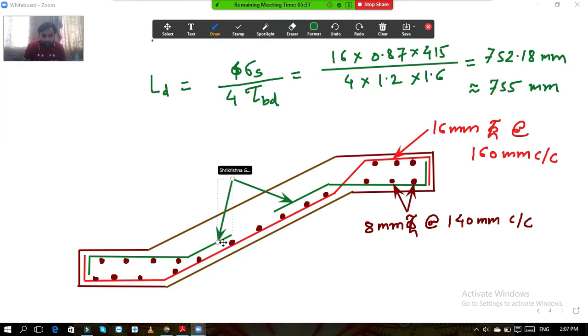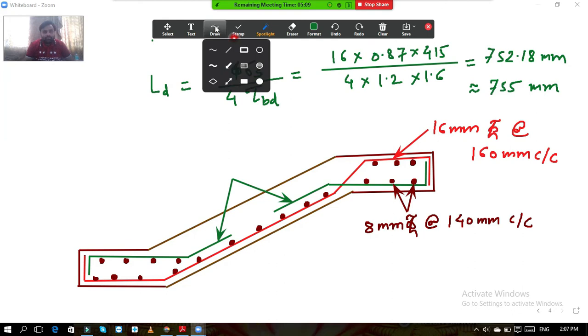These bars are the alternate bars which we have provided to resist the excessive bending moment, and these bars are having half of the area of the main reinforcement. So these bars which we have provided over here in green have half the area of the main reinforcement, that is this red steel.